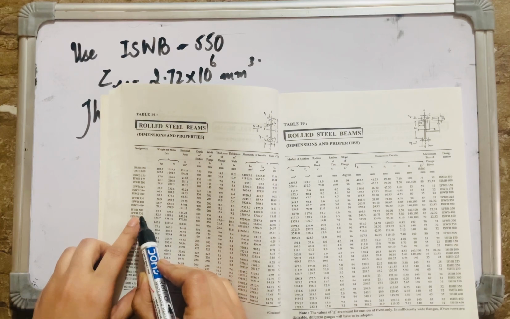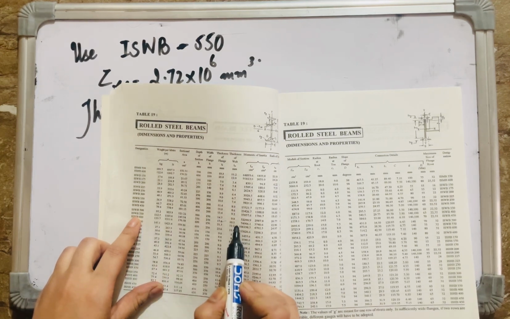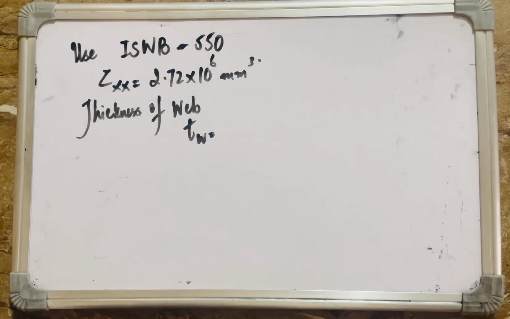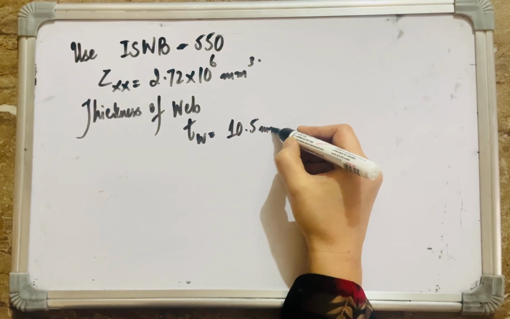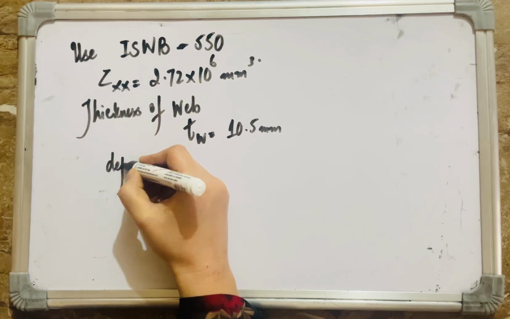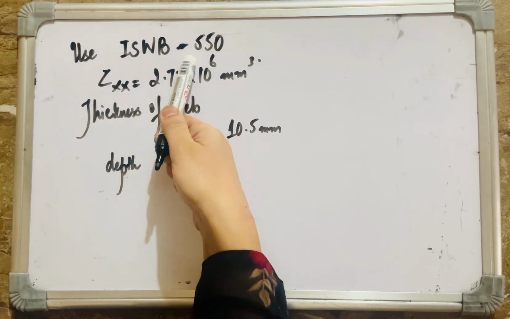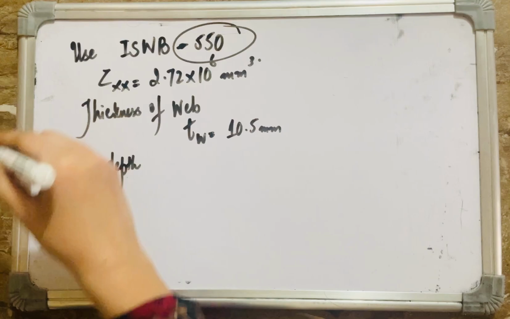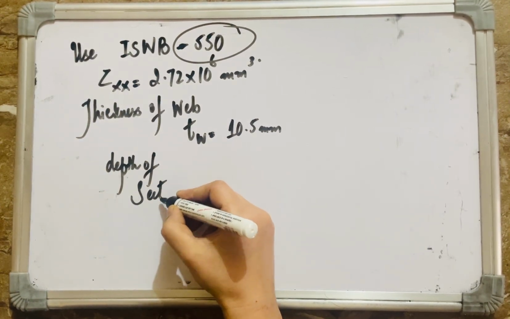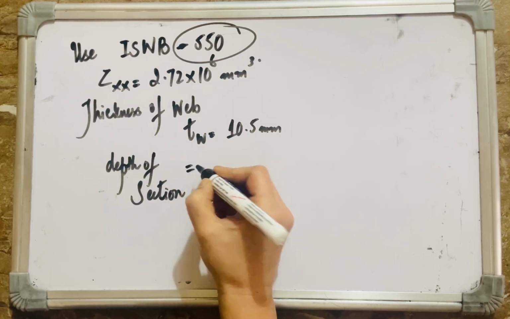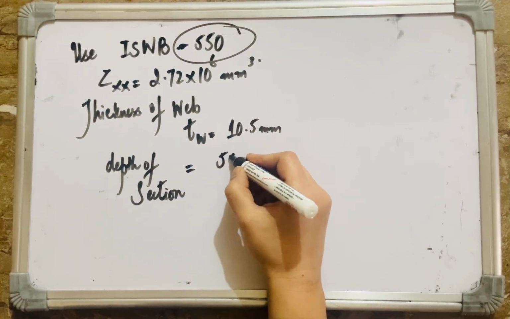How much is the thickness of web? 10.5 mm. And depth of section is in the nomenclature itself. This denotes depth of section. Depth of section for my Indian Standard Wide Flange Beam 550 is 550 mm.